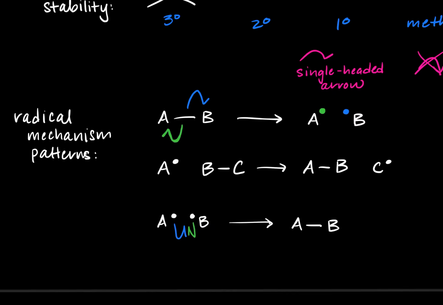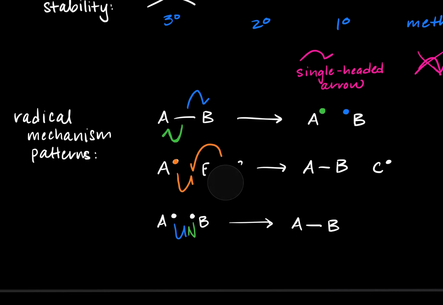In order to show this mechanism, what we'll do is we will form a bond. It's kind of like a mixture of the top and the bottom. This radical here is going to want to form a bond, kind of like what we did down here, forming a bond. But again, there's 2 electrons in every bond, and we've only done something with one of those electrons in that bond.